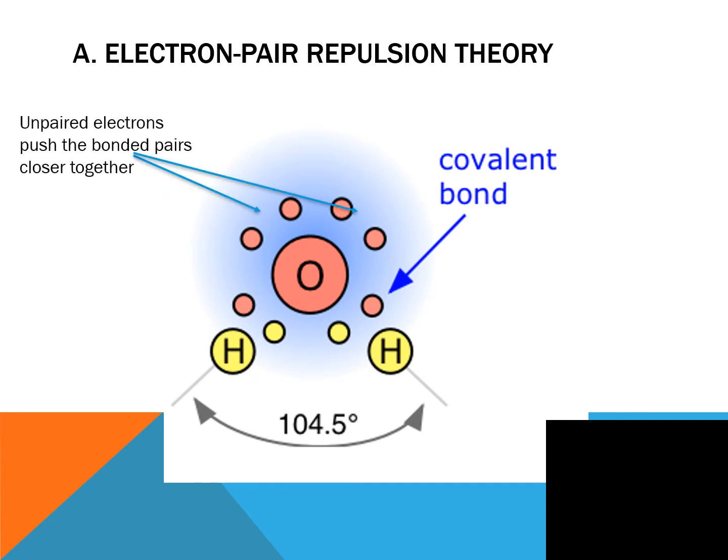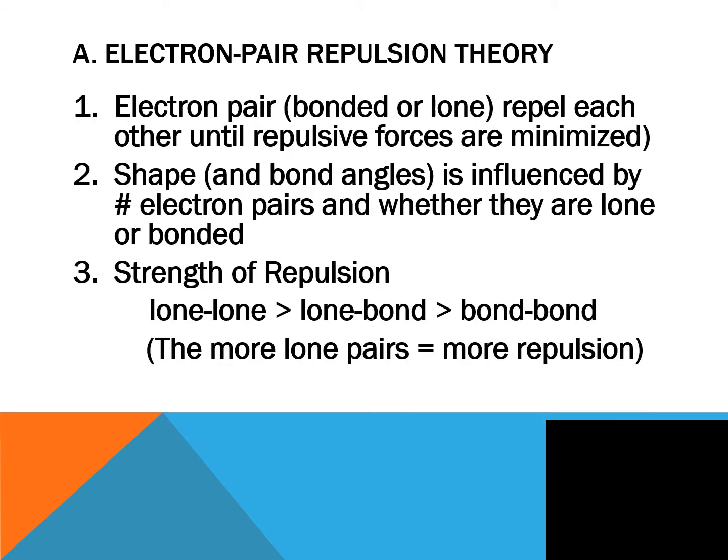These unpaired electrons are repelling each other, so it pushes the bond angle closer. So you're looking for electron pairs, bonded and lone. The ones that are lone are going to repel each other. The shape is influenced by the number of bonded pairs and lone pairs.